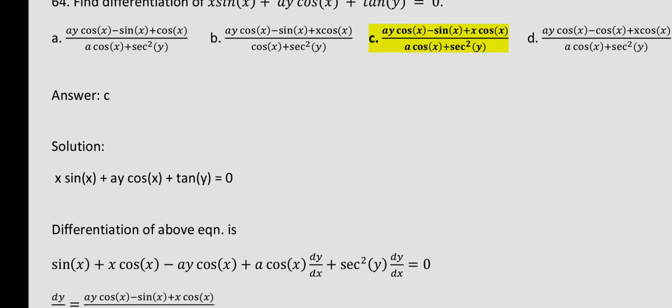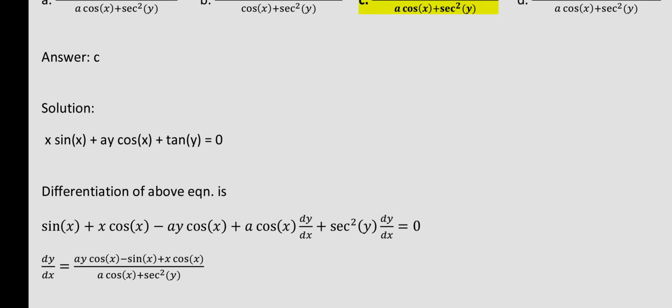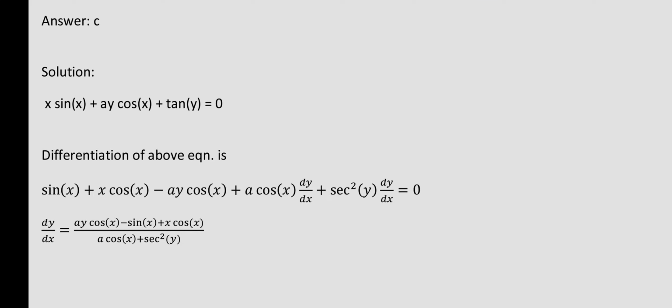Solution, again, derivative mo yan. Differentiation ng above equation is, syempre, unahin mo dyan yung part ng x sin x. Derivative mo yung x, magiging 1, copy sin x, plus, derivative naman ng sin x, magiging cosine x, copy mo yung x.